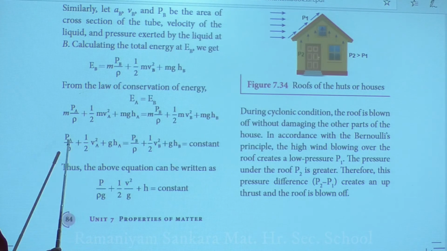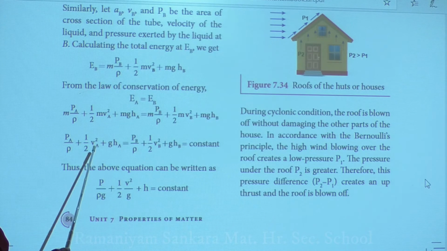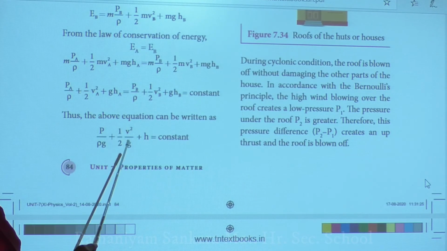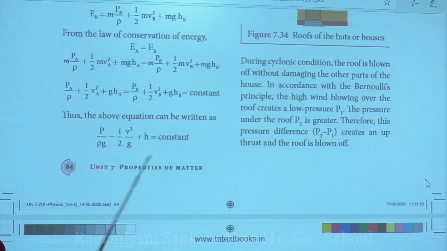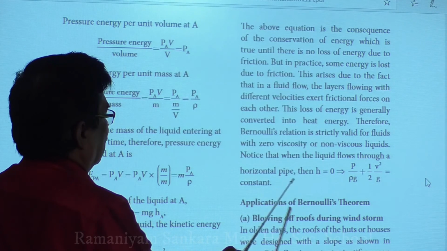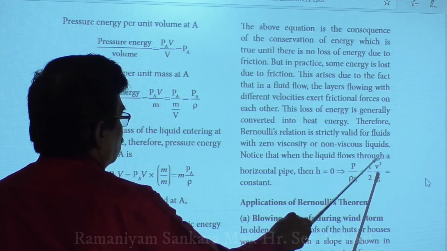I told you already, this means you can remove A and B and directly write P by rho plus half V square plus gH equals constant. Dividing by g: P by rho g plus half V square by g plus H equals constant. This we have proved, and it is given here. Finally, when H is 0, then P by rho equals half V square by g.